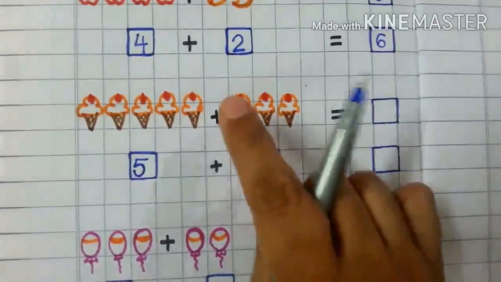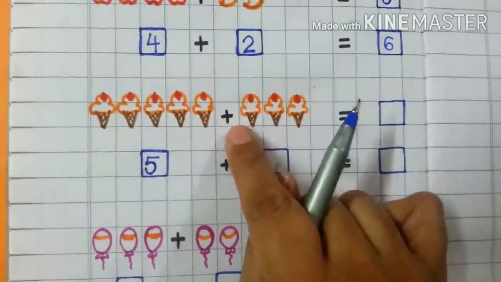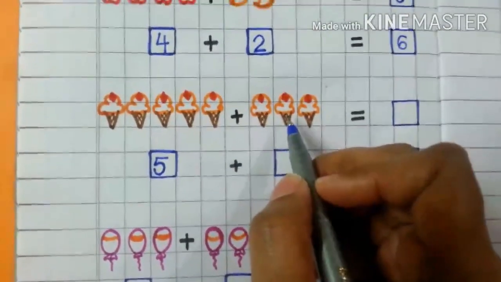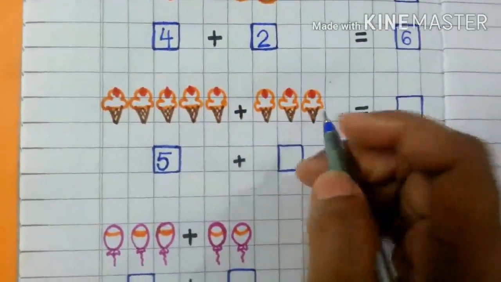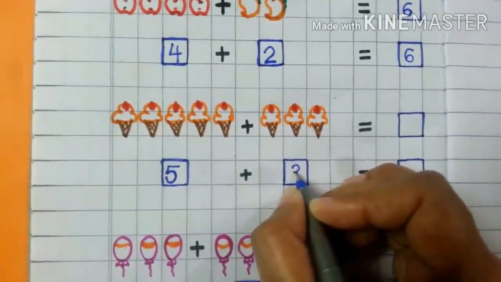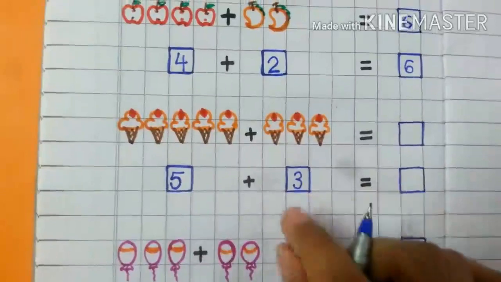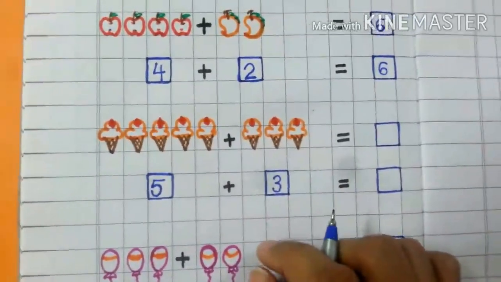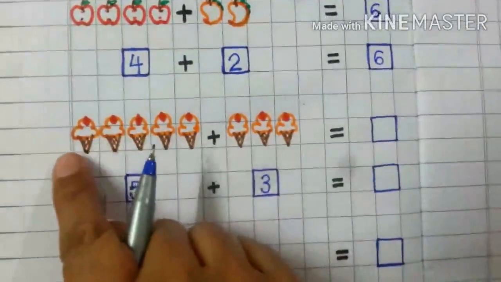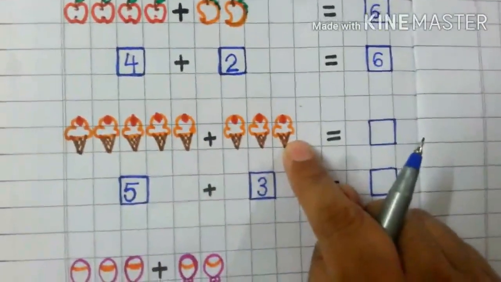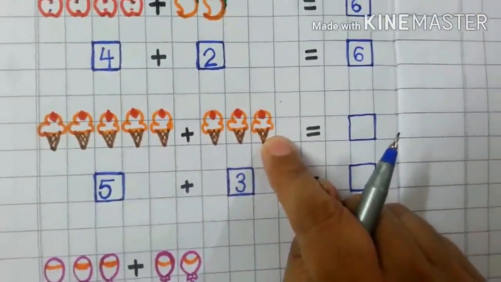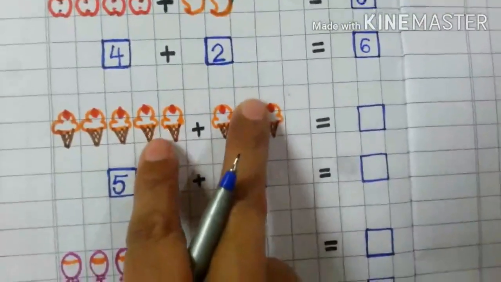Now we will count second group of ice creams. Count with me. 1, 2, 3. We have 3 ice creams in second group. Write number 3. Let's count how many total number of ice creams we have here in 2 groups.